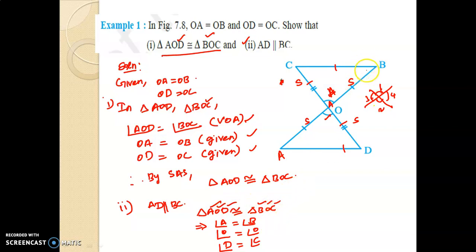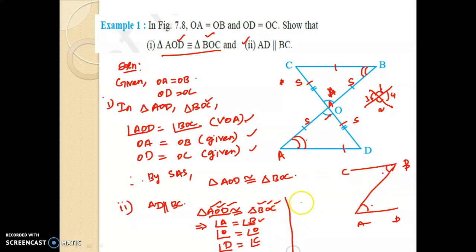From the diagram, in triangle AOD, angle A is equal to angle B. Now these two angles are equal. Let us take the lines BC and AD, and this is nothing but AB. So this angle and this angle are the same because angle A equals angle B. Can we take them as alternate interior angles?